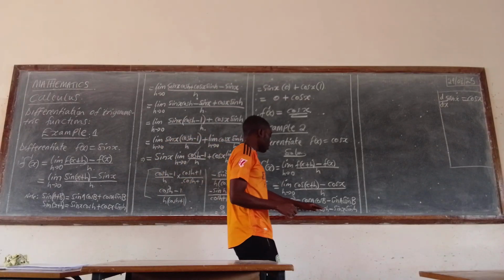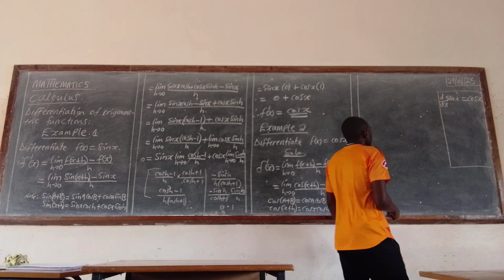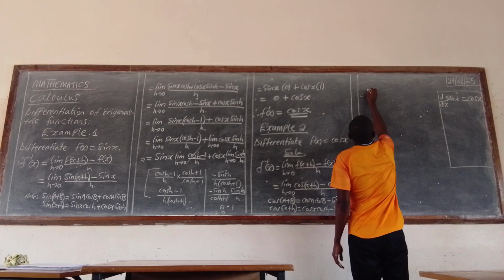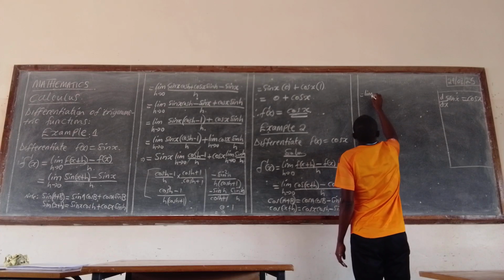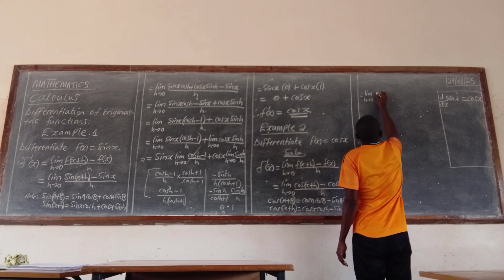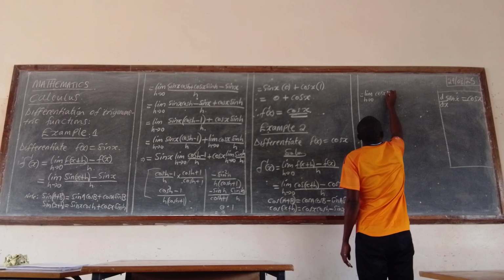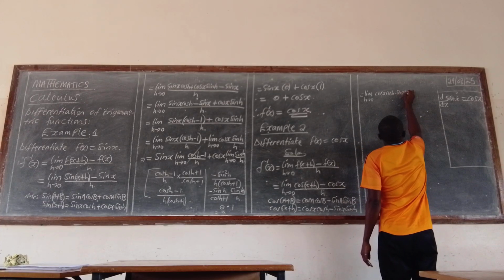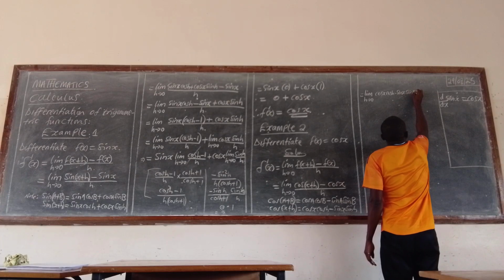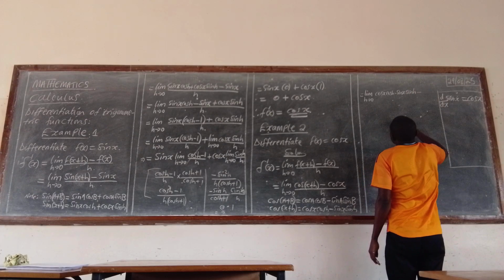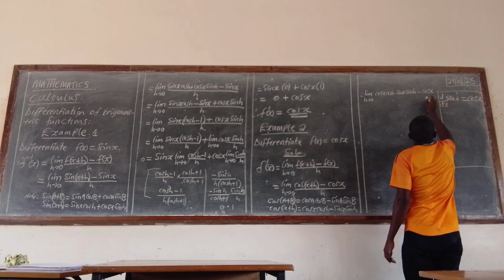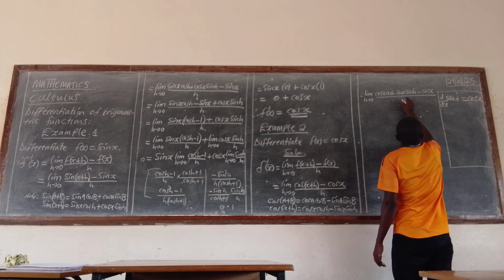So now we are going to replace this where cos(x plus h) is in the function. So we have the limit as h approaches 0 of cos x cos h minus sin x sin h, minus cos x, divided by h.